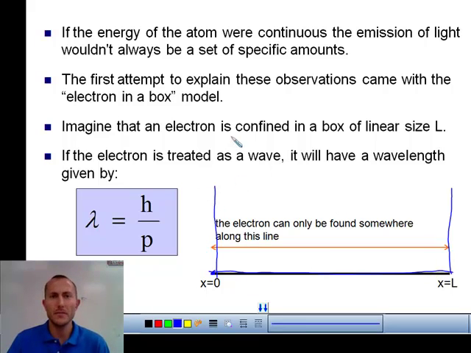If the electron is treated as a wave, we've addressed that particles can have wave functions and waves can have particle-like behavior, then the wavelength of that electron is going to be given by h over p. h is Planck's constant, p is the momentum of the particle.